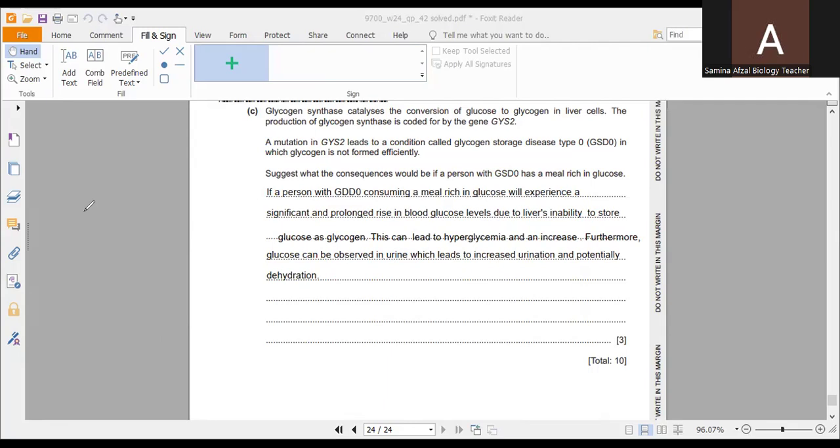So in glycogen storage disease type 0, a mutation in the GYS2 gene leads to a deficiency in liver glycogen synthesis.